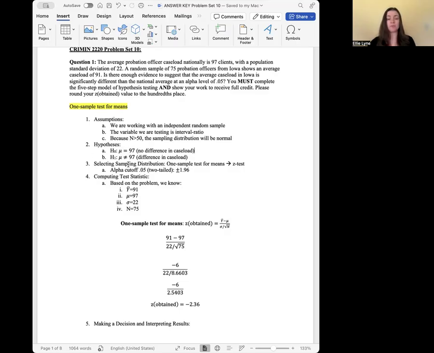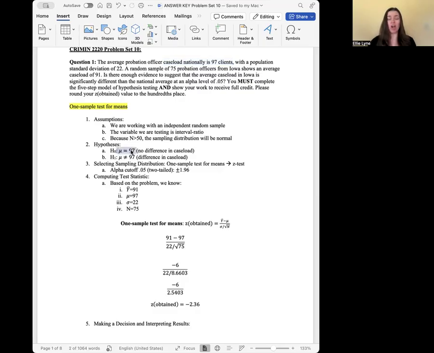And we'll get to proportions just in a little bit, but this is our only option when we are working with means. And because this is a one sample test, we want our population parameter here to equal what our national population parameter is. So in this case, it is 97, right? 97 clients is the national caseload here. That's right at the top. So let's see here. That's what we have written here.